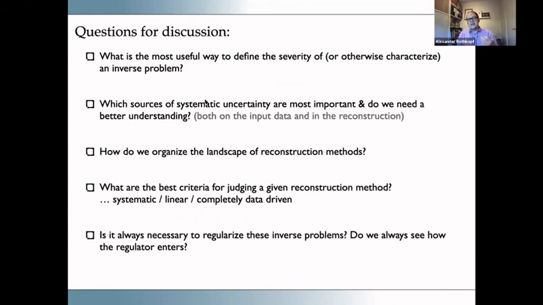But in the end, what I would love to be able to produce from a reconstruction method would be a set of distributions for each value of the spectral function that contain both the effects of the systematic or prior information input that I chose and the uncertainty that is present in the data, and those folded together would then give me the overall error budget, or systematic plus statistical uncertainty budget.